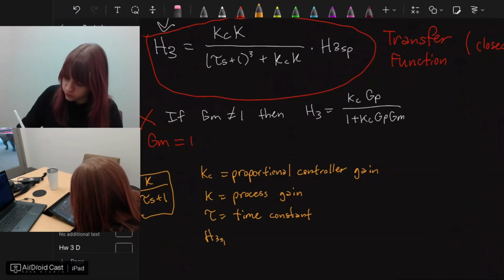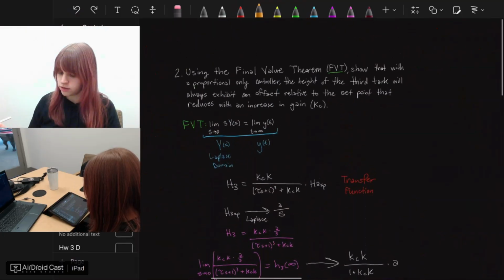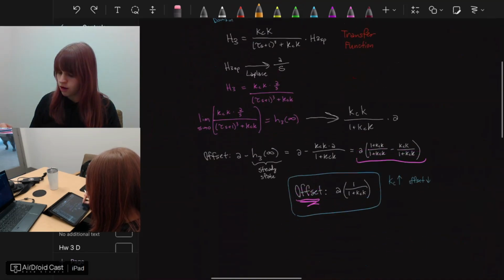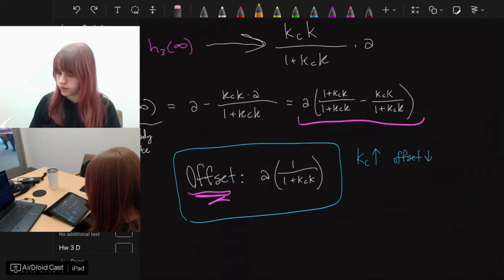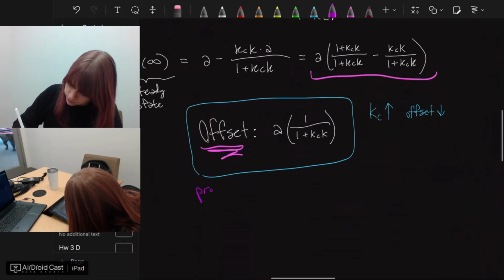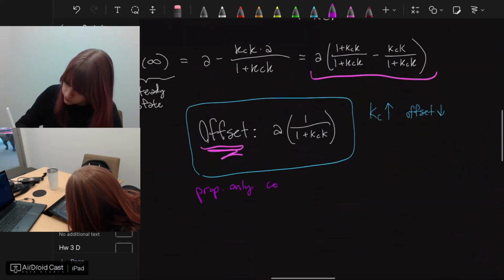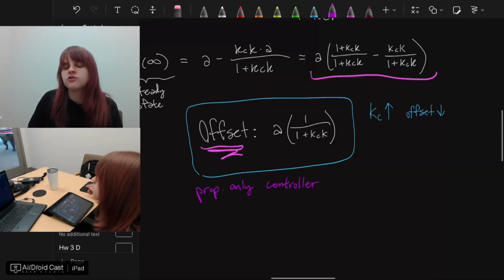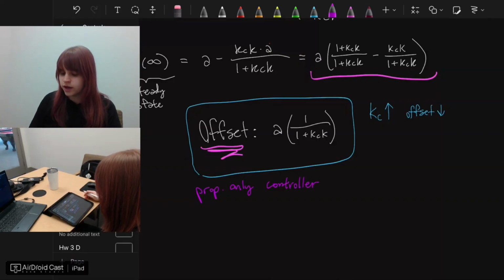And H3SP was our height 3 set point. And finally, we went over the final value theorem and showed that offset again that we see with a proportional only controller. There would still be some small offset if we had an integral controller as well, but it would be much less than the proportional only just by itself.